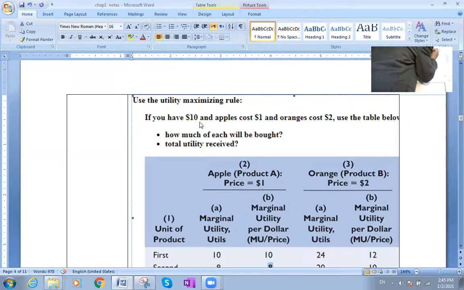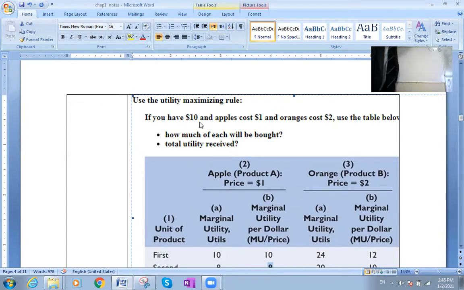So all your constraints, or your limits, the maximum limit is that you have $10 in your pocket. Let's say, in a simple example, you have $10 in your pocket, and you have two products.